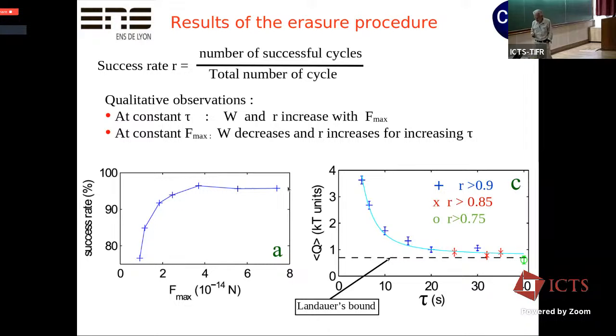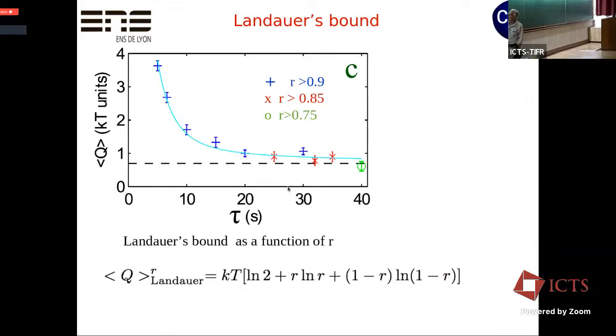And this, again, is important information, because you can generalize the Landauer bound as a function of the success rate, and the way of modifying it is just to add this entropy, that is the Shannon entropy of the system based on the success rate, which is a probability.